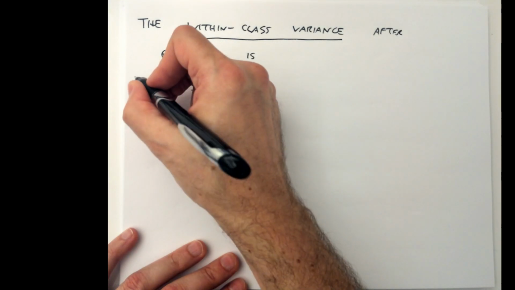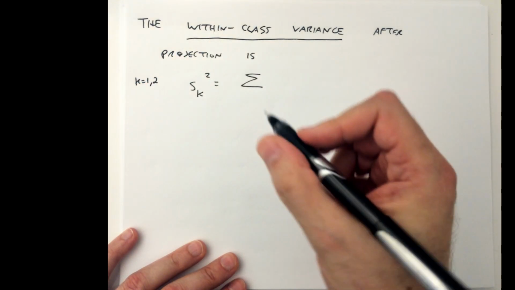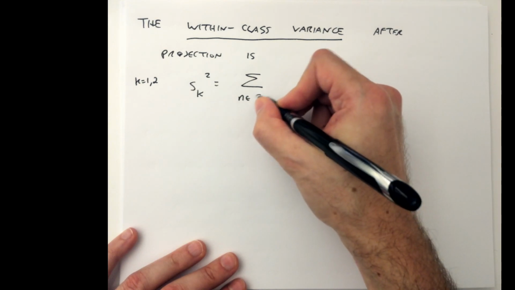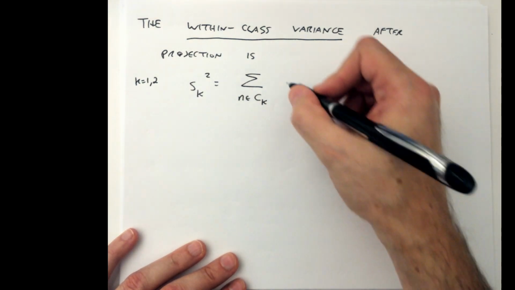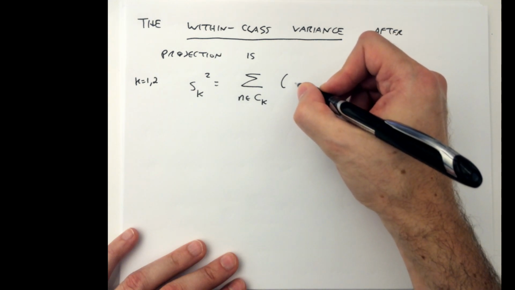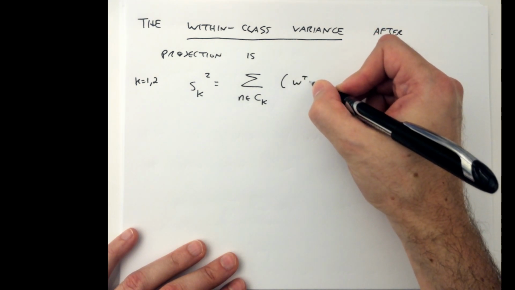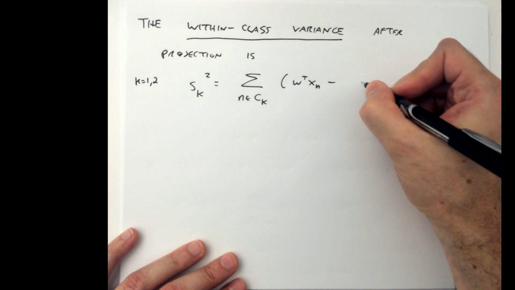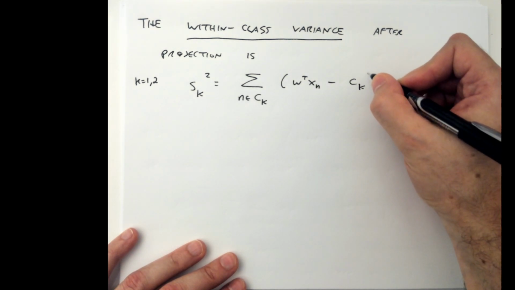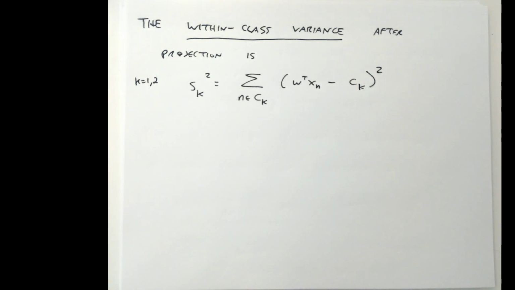I have k equals 1 and 2. And I have the set of points that are inside class K. And I'm going to look at the projection minus the center. Right? This is basically like saying, what is the variance of the points after I project them down onto that line.